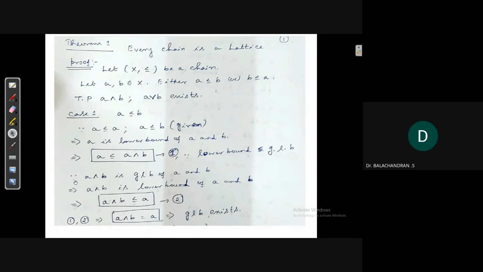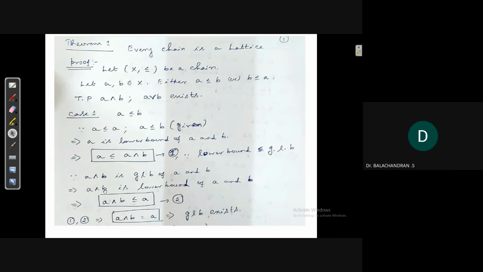Next, I will start the proof fresh. Since A and B is the greatest lower bound of A and B, and if it is a greatest lower bound, it should be a lower bound. So from here to here is an implication.